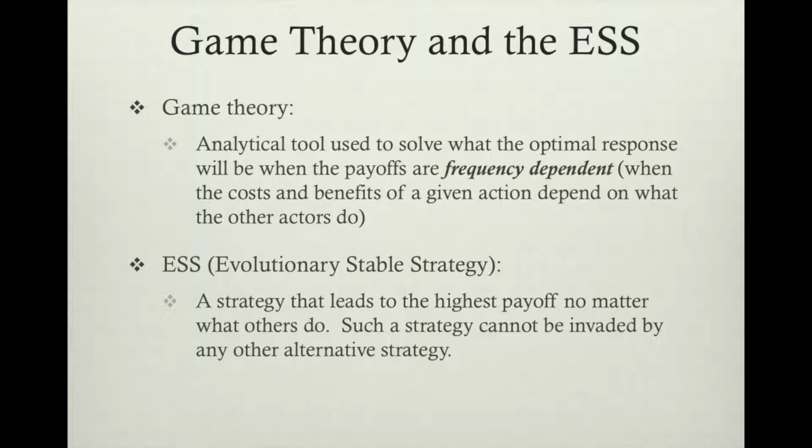When we talk about mathematical modeling of behaviors of any kind of decision making process, there are two main types of models. There are optimization models and there are game theoretical models. In optimization models, your payoff does not depend on what other individuals are doing. So let's say we're talking about what your ideal dietary ratio of carbohydrates to protein is, or even a simpler model, the number of calories you have to eat.